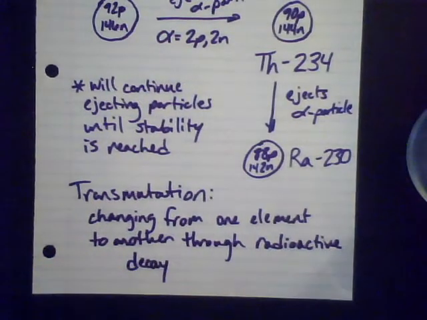Okay, and that's transmutation. And transmutation is the major way that an unstable nucleus will become more stable. So if we aren't stable in our current configuration, then we're just going to start ejecting things off until we reach a more stable configuration, or stable magic number, if you will.